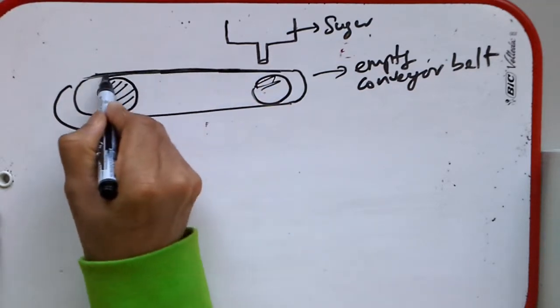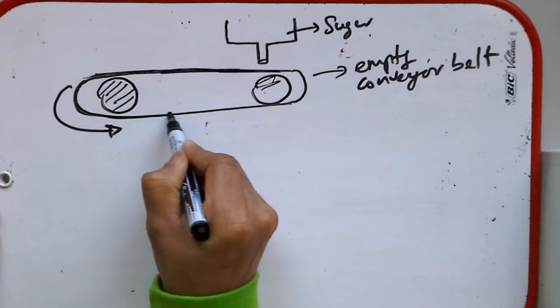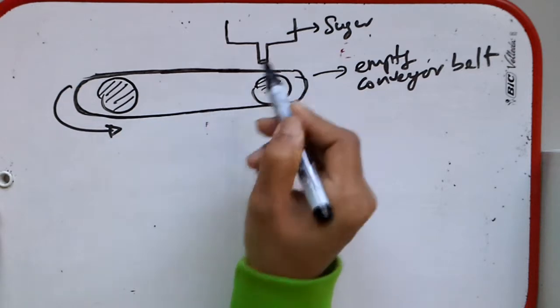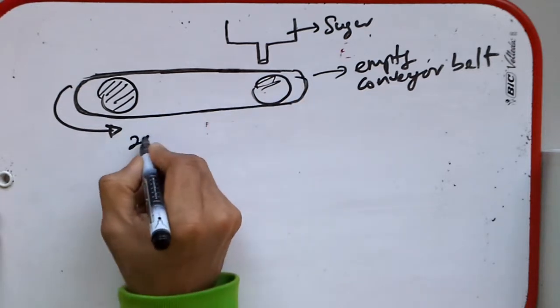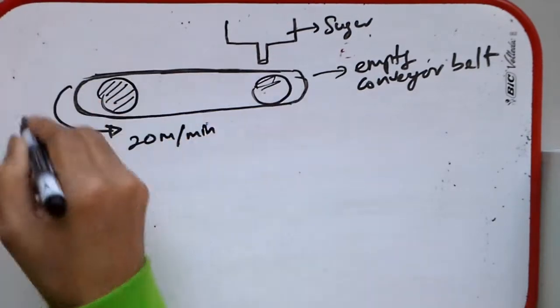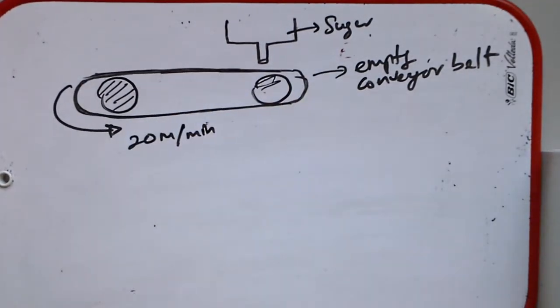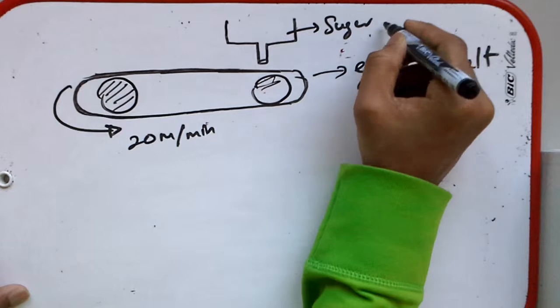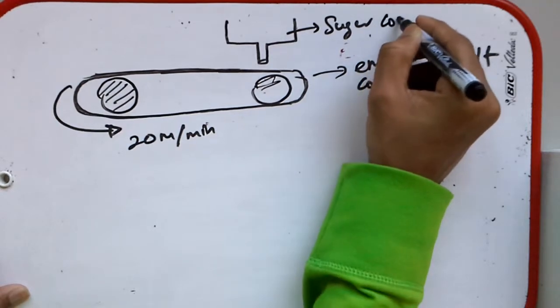So this belt is moving with a velocity, let's say 20 meter per minute. And this is our sugar container.